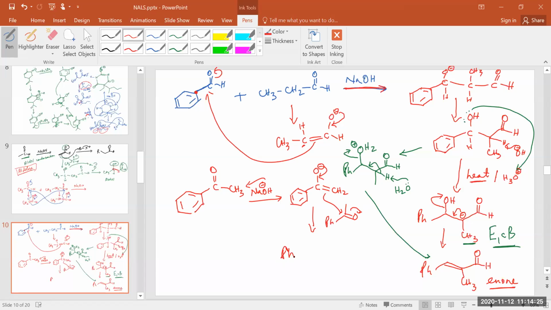So I'm writing PhCO, O minus, and Ph. See this one? And then after taking proton from the solvent, it will make the aldol product.